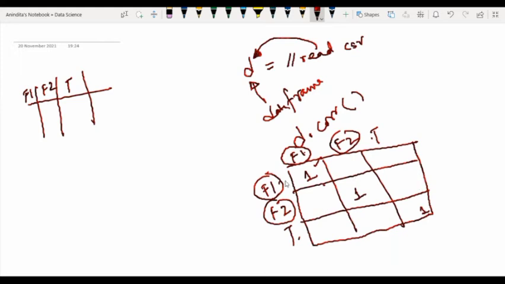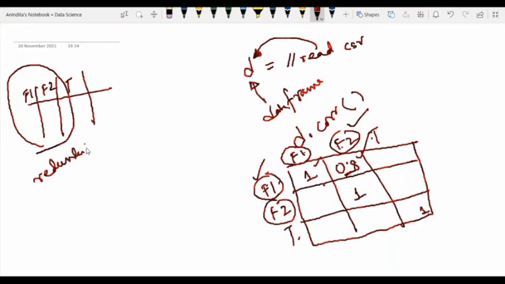Now see here, if you get a value of 0.8 over here, it means the correlation between the F1 and F2 features is 0.8. F1 and F2 are the predictors and they show very high correlation, meaning they are redundant in nature. So we cannot keep both features at a time. We have to remove any one of them.